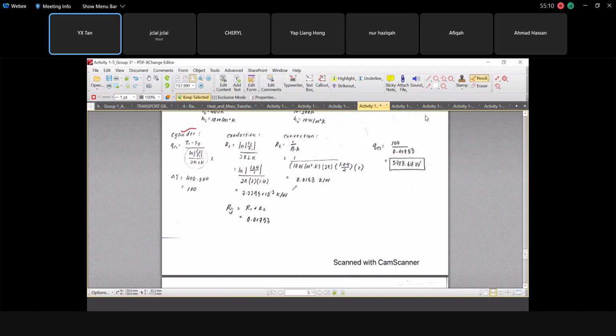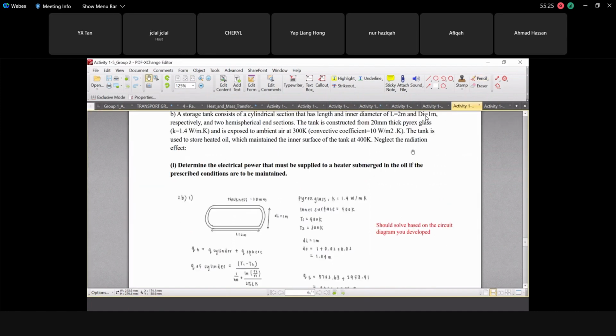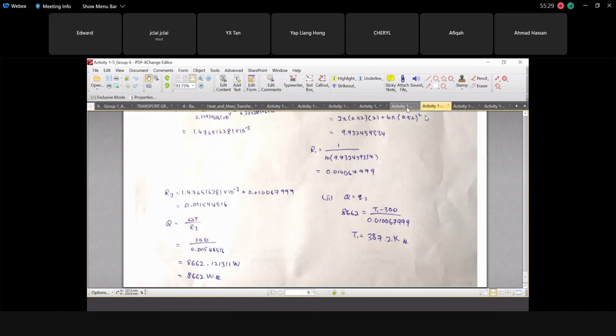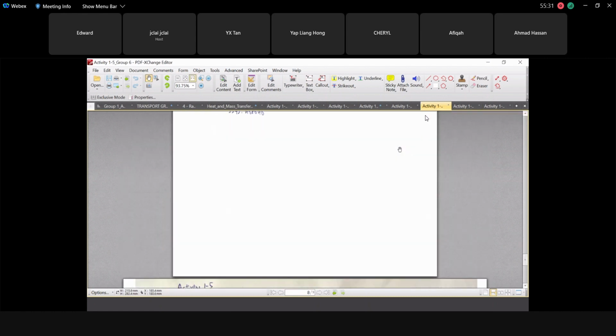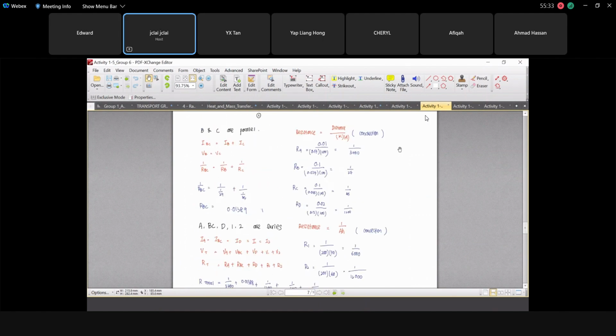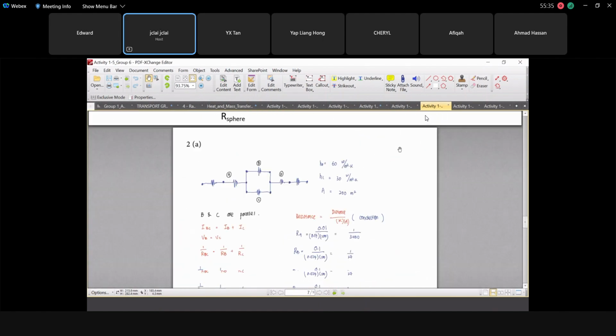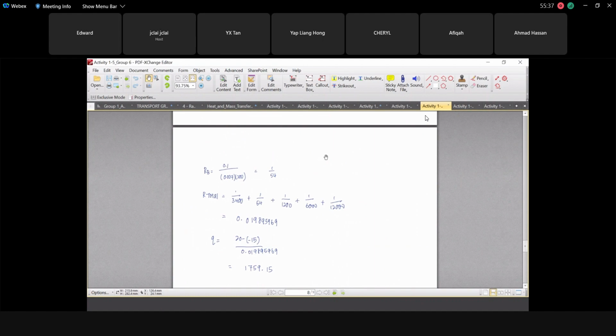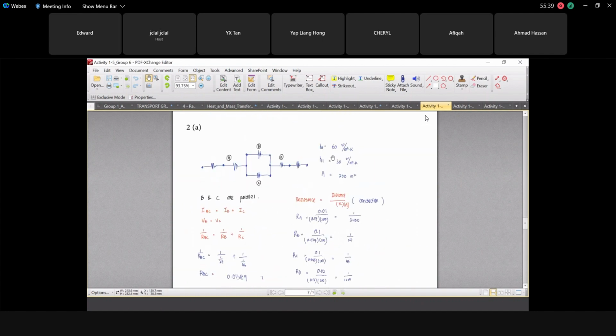For the conduction, yes, but not for the convection. Did you get a similar answer? Doctor, you mean similar answer means the answer in the two different methods?